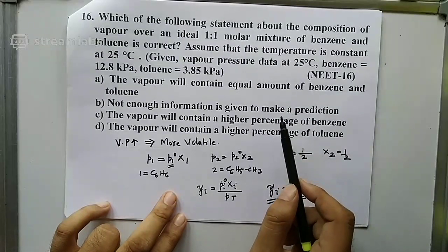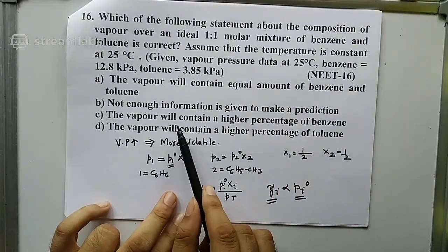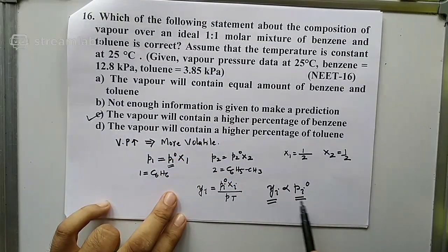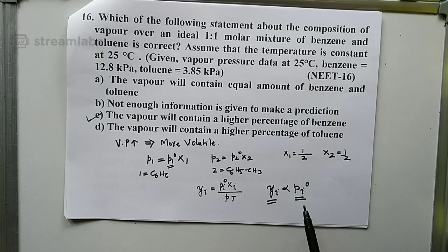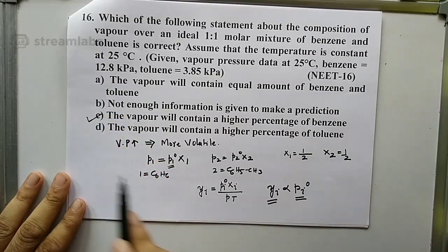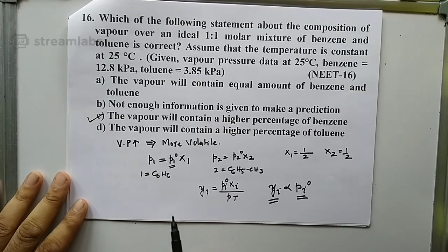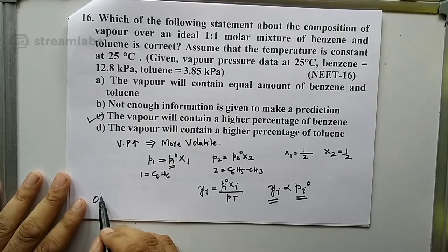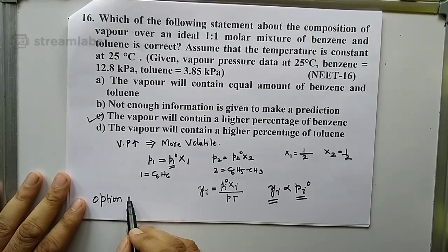No, the information is sufficient. The vapor would contain a higher percentage of benzene. Definitely this should be the answer, because Y is directly proportional to Pi naught. So vapor pressure of pure benzene is more, therefore its composition in the vapor phase would definitely be more. So what is the answer for question number 16, students? Option C is the answer.